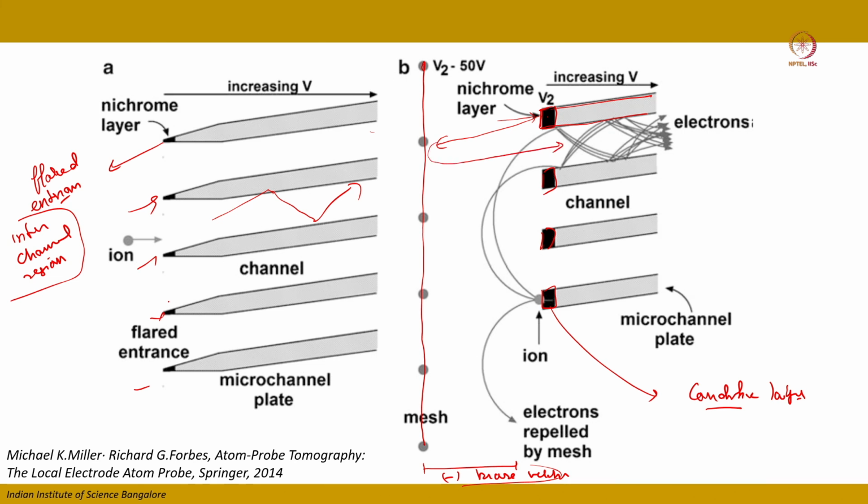This is how you can reduce the loss of electrons outside the MCP plates, and this is how you can increase the efficiency of the MCP plates.